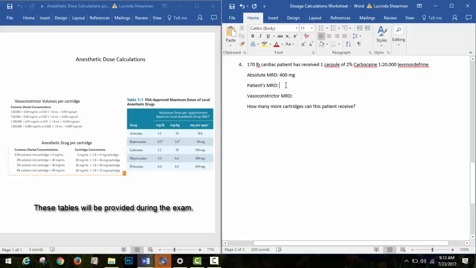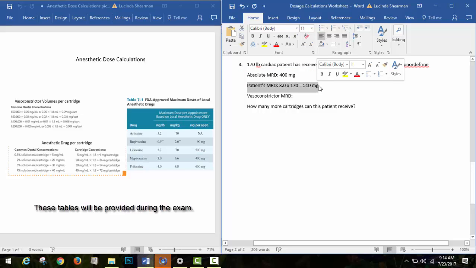Let's calculate the patient's MRD. 3.0 times their weight equals 510 milligrams. Now we can see here the anesthetic MRD is the one that you have to go by.